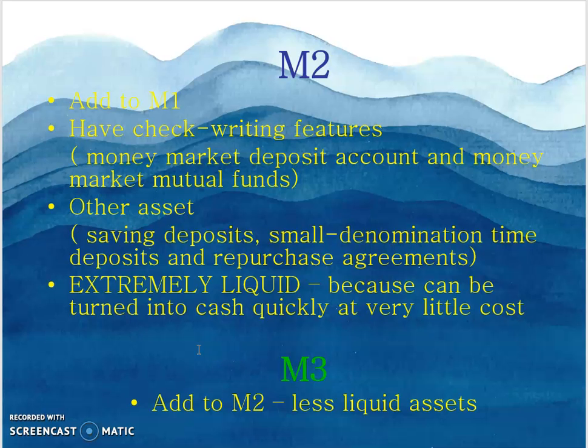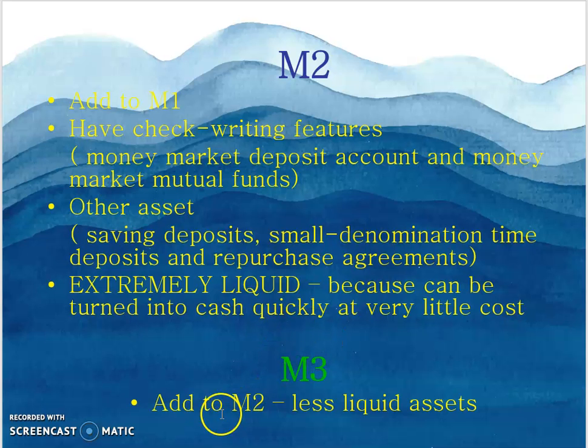The second one is M2, which adds to M1 check-writing features, money market deposit accounts and money market mutual funds. Other assets, savings deposits, small denomination time deposits and repurchase agreements are extremely liquid because they can be turned into cash quickly at very little cost.